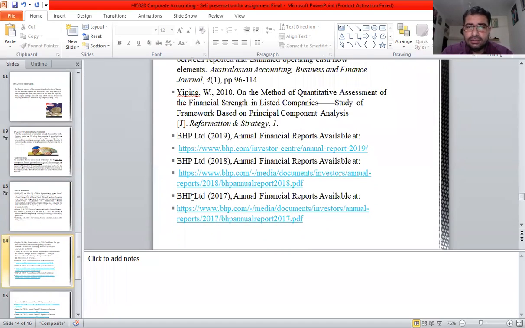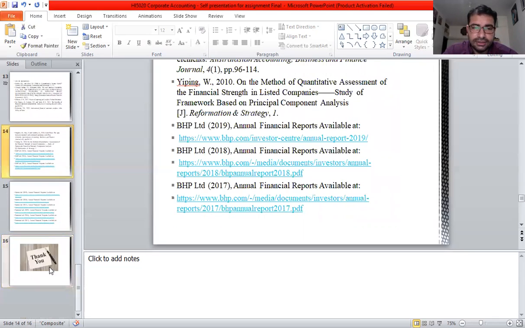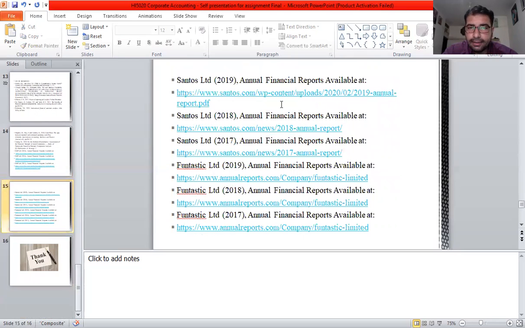And then we were asked to download the three companies' income statements. So these were the links from where I've downloaded all the resources. So Fantastic, Santos and BHP.